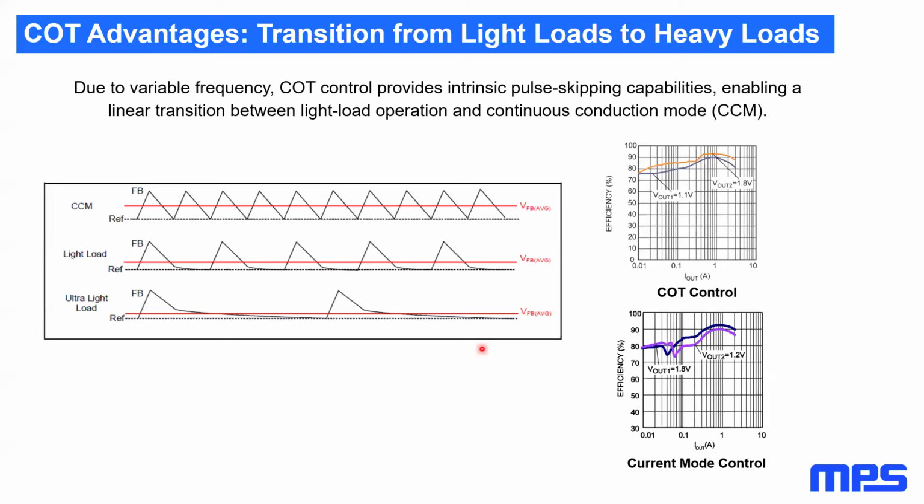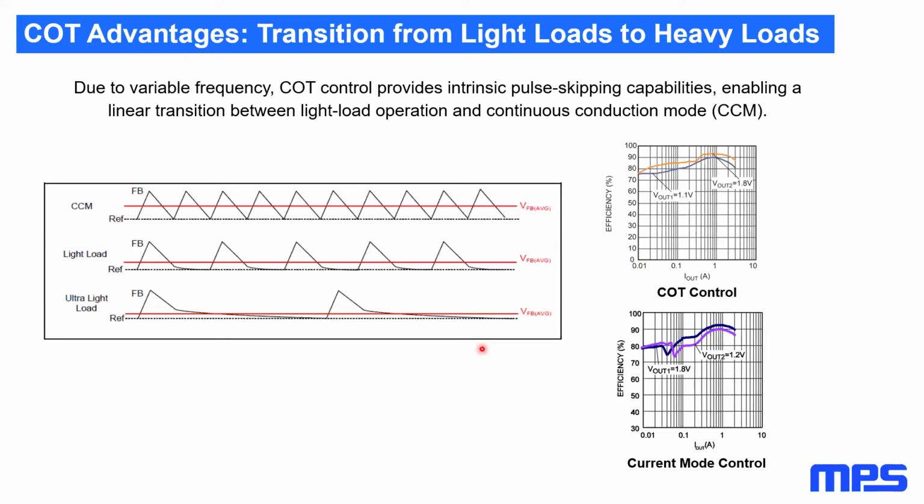Third advantage I wanted to mention is the transition from light load to heavy load. When we use more traditional control methods, such as current mode control, when we operate in light load conditions, the frequency can be greatly reduced. So we try to increase our efficiency by using alternative control methods when operating at light load. For example, at MPS, we have our advanced asynchronous mode, which basically implements pulse skipping. With constant on-time, as I said, the pulse is only activated once the output voltage drops below the reference.